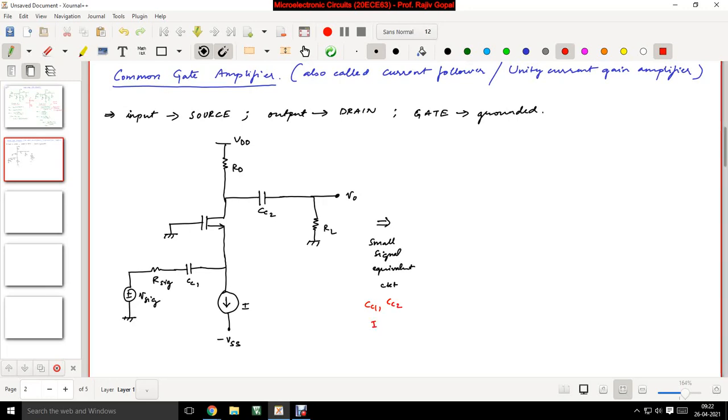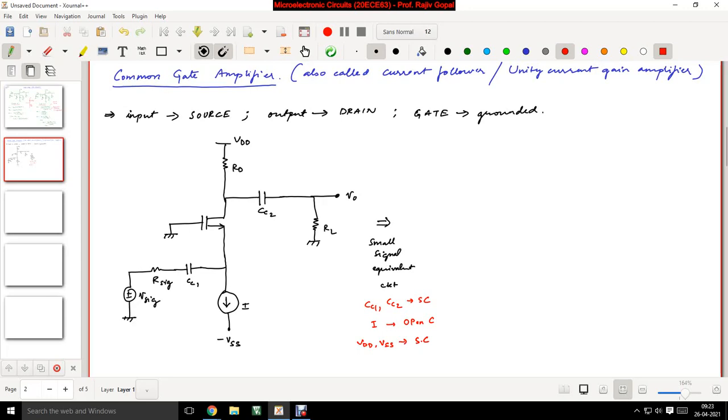All this CC1, CC2 will become short circuit. I, which is a current source near the source, the biasing source, will become open circuit. VSS is anyway grounded, VDD is anyway grounded, VDD, VSS is actually shorted or grounded.